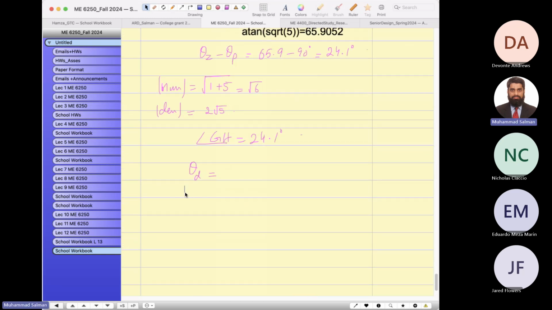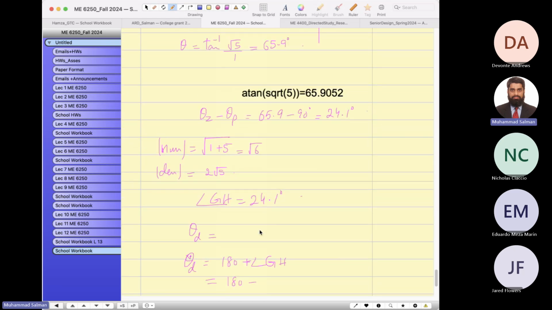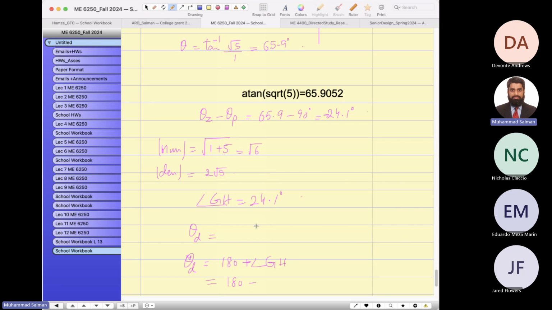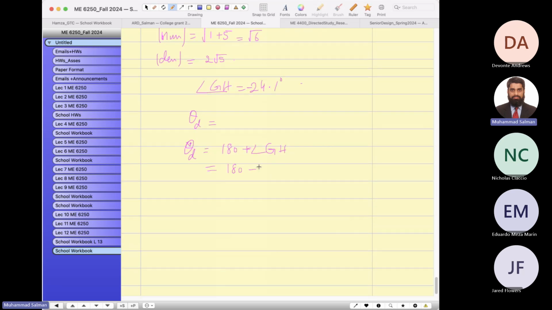So can I write down here 180 plus angle GH? You will help me now. 180 minus 24.1, because there will be a negative sign here. I forgot to write down the negative sign, which is 155.9 degrees.